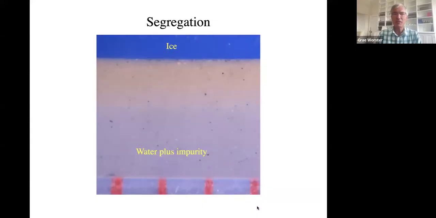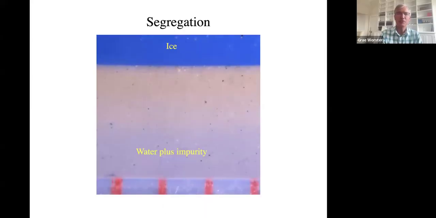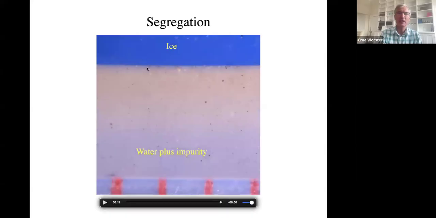As the ice grows, if I do this very, very slowly, then the impurity, here the clay particles, but in the context of sea ice it would be the salt, is rejected from the ice that is growing. And the ice that forms, this blue region, because we've shone a blue light behind it, is completely purified from whatever was contaminating this water.